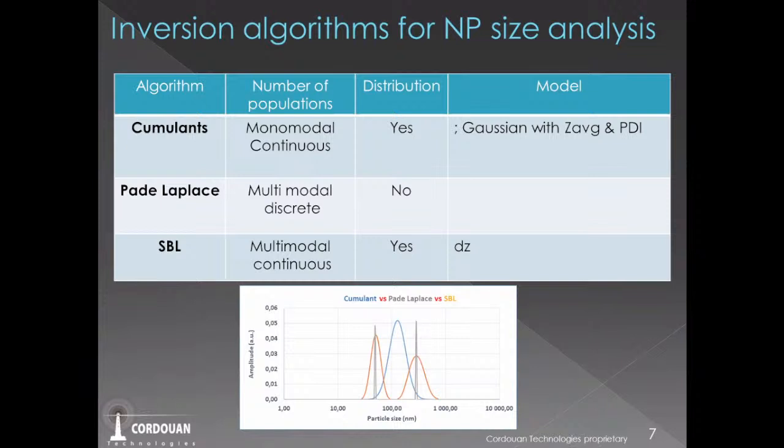And then SBL is going to give a really nice result. We are using these three algorithms because when you are making a lot of measurements, sometimes it's difficult. Sometimes one algorithm is not going to fit very well, and you need to use another one. So it's always good to have many mathematical algorithms in order to find a good solution to your mathematical problem.